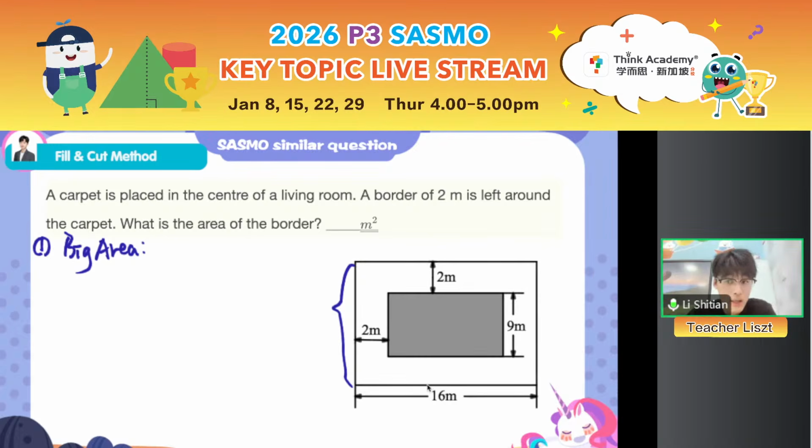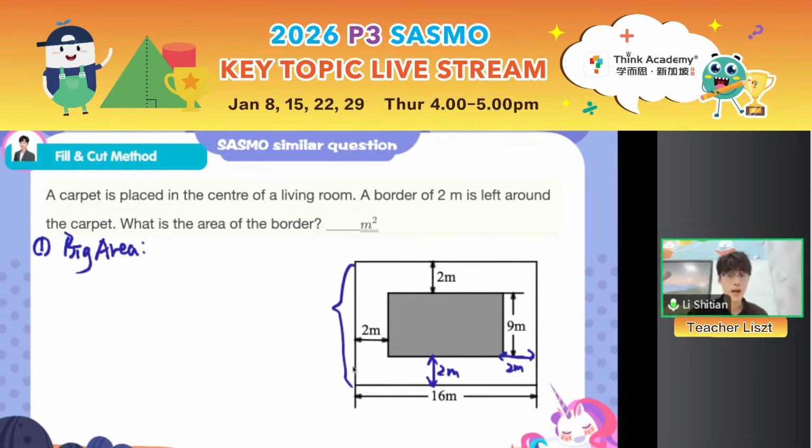Actually, we know how long it is, because the question is saying that a border of 2 meters is left around the carpet, right? So for this one, it is still 2 meters. What about this one? Still 2 meters, right? Okay, so now can you find out the breadth of this rectangle?